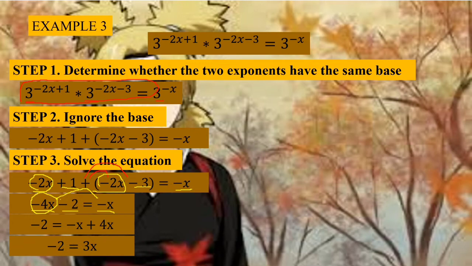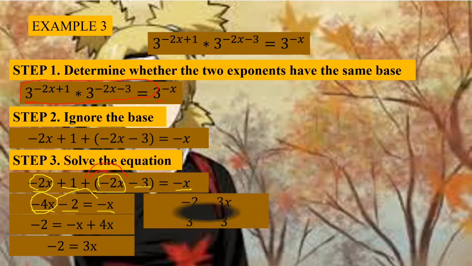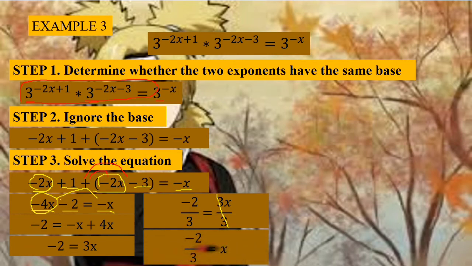So, anong gagawin natin pag may kasamang numerical coefficient? So, ibig sabihin, i-divide natin yon. So, negative 2 all over 3 is equal to 3x over 3. So, makakancel na ito. So, ang matitira na lang is negative 2 over 3 is equal to x.